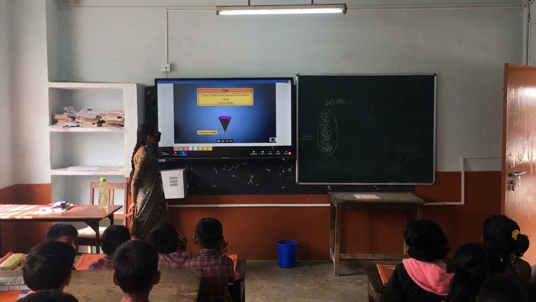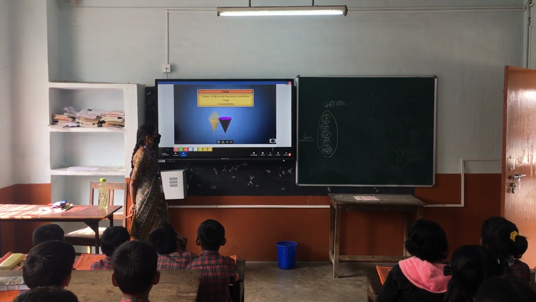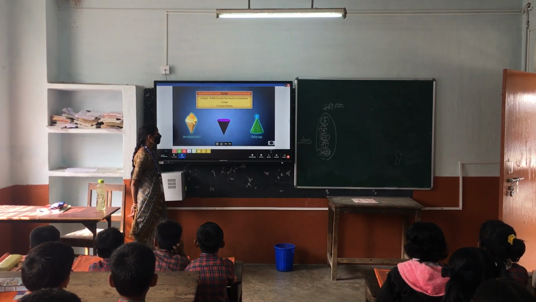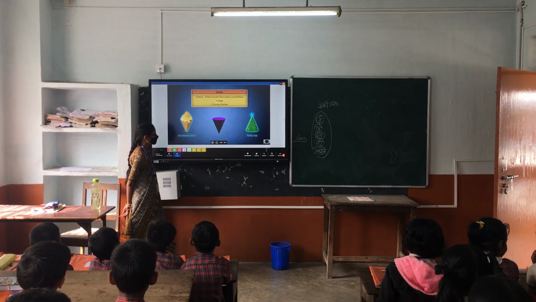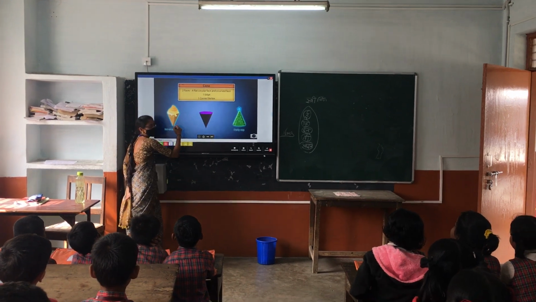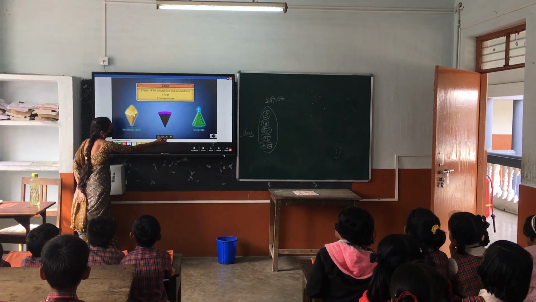The vertex. Besides ice cream cones, the party caps that we wear on birthdays are also cone shaped. Yes, these two are real life examples for the cone.